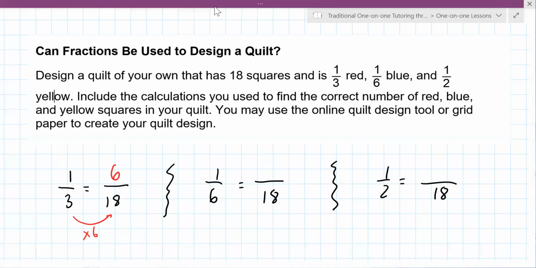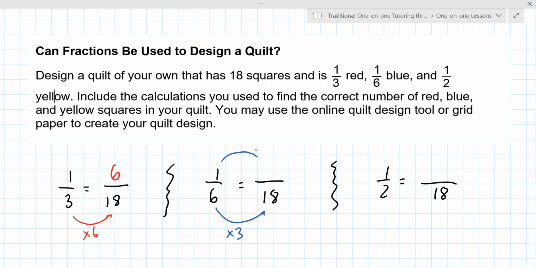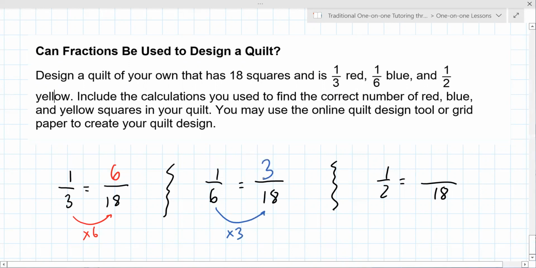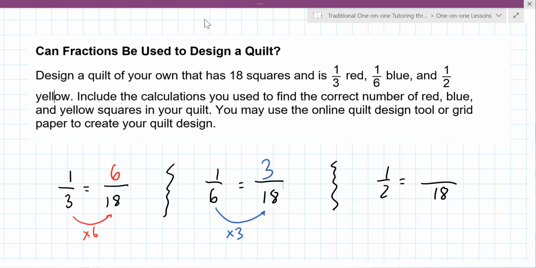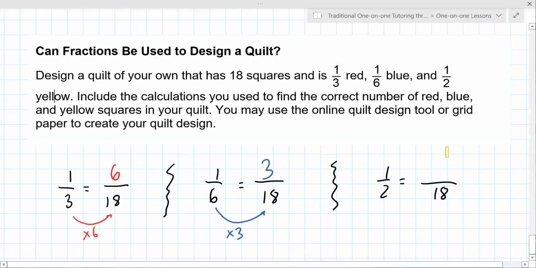And then do the same thing for the middle one. So 6 times... 3. Good. And how about the last one? The last one is 2 times... 9. Very good. Okay.